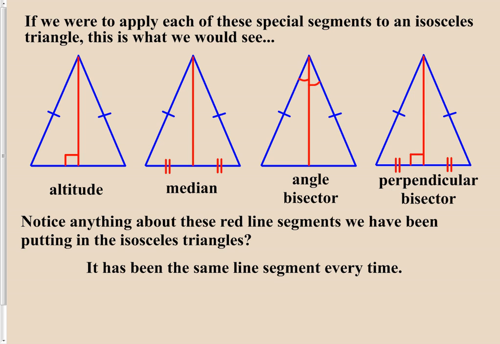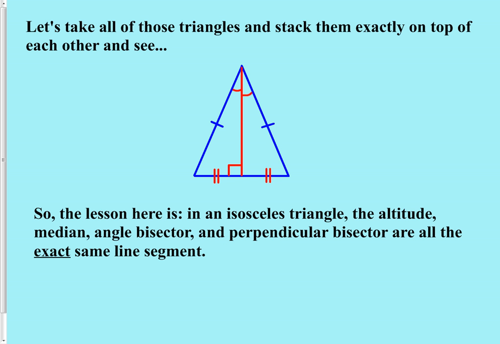And I took all 4 of these triangles and I copied them and I pasted them and overlaid them on top of each other. And as you can see right there, there is absolutely no difference between the triangles or the 4 line segments that were in the middle of the triangle. So the short end of that is if your triangle is isosceles, the median, the altitude, the angle bisector, and the perpendicular bisector, they are all the same line segment.